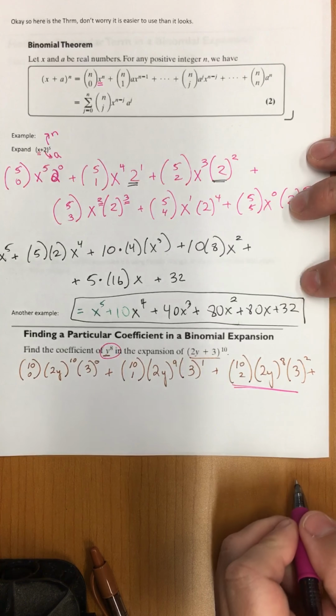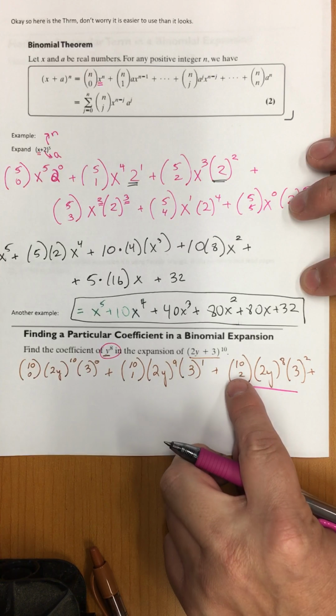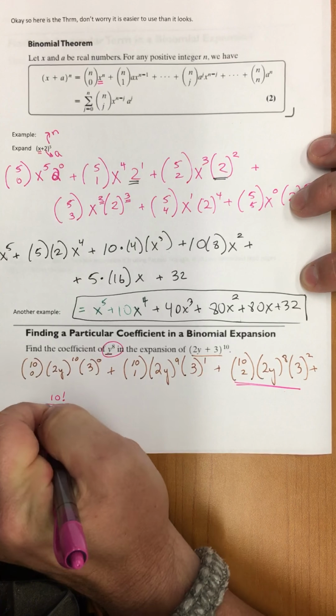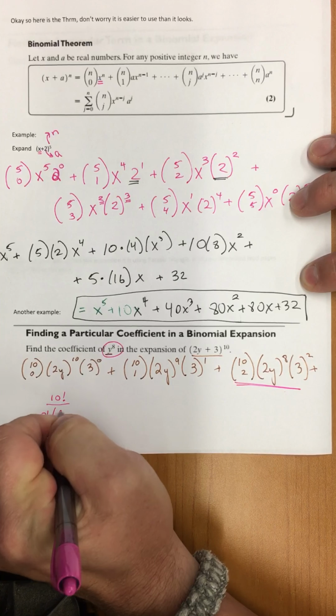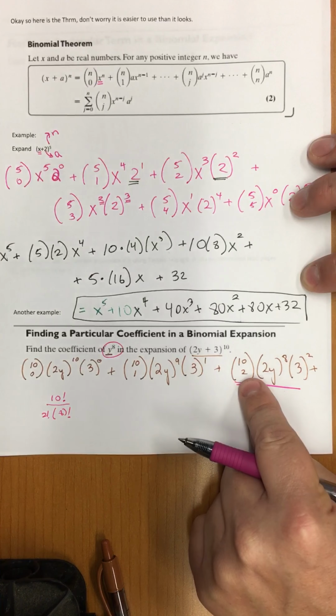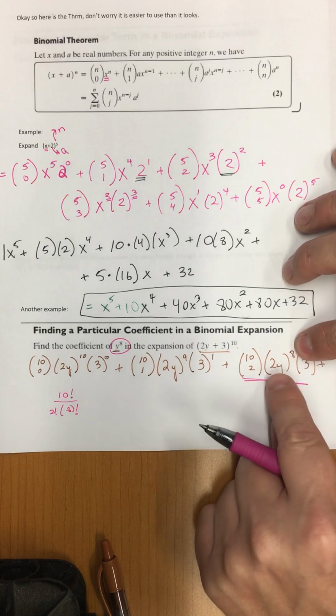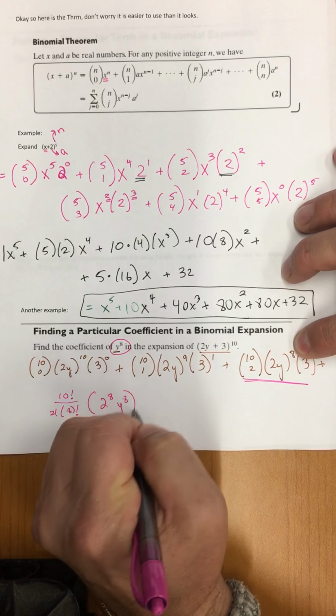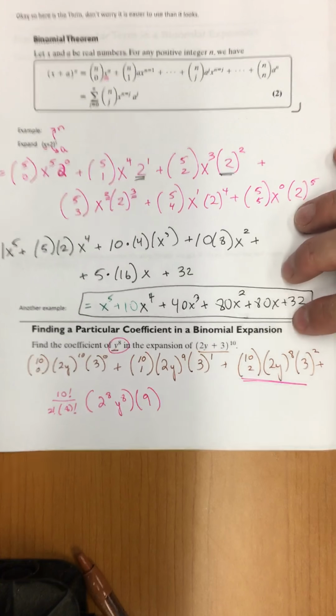They wanted this one, right? So I need to do 10 choose 2. So this is 10 factorial over 2 factorial times 8 factorial. Again, I'm going to calculate this number right here. All right, this becomes 2 to the 8th, y to the 8th, times 9.